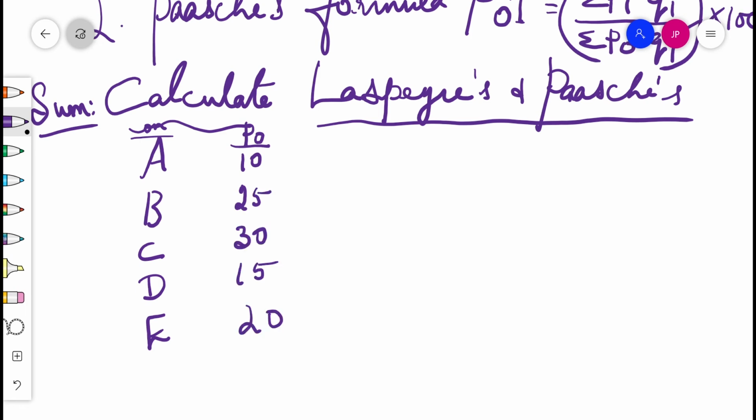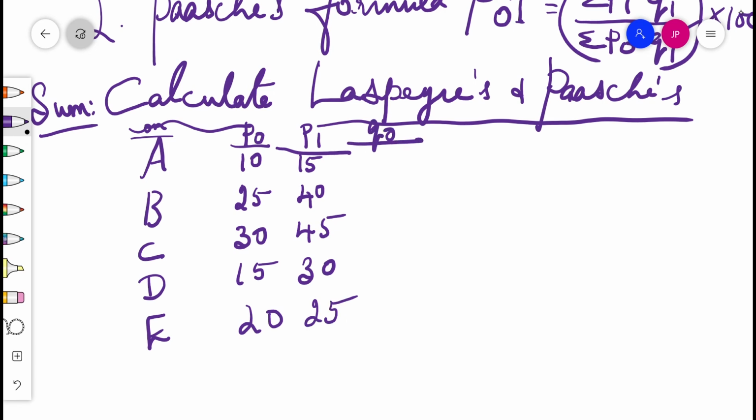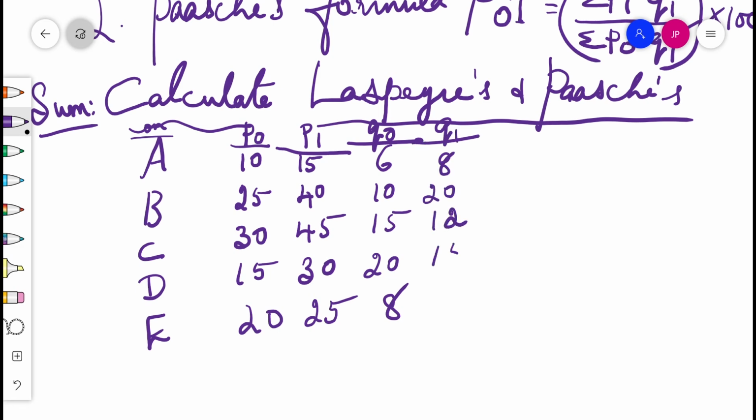Then we have the current year price, P1: 15, 40, 45, 30, 25. Next we have Q0, base year quantities: 6, 10, 15, 20, 8. Then Q1, current year quantities: 8, 20, 12, 15, 6. This is the given data.